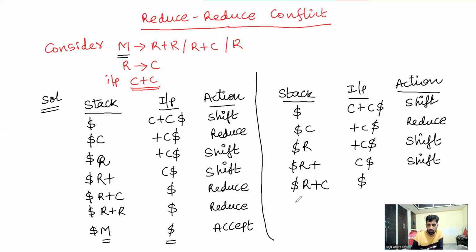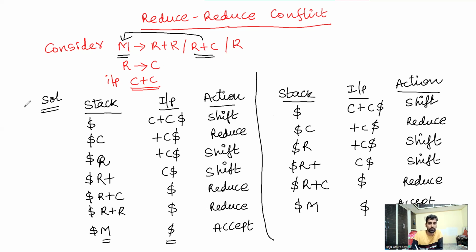Dollar. Okay. Final value is, R plus C is represented by M. Is represented by M dollar. So now this is called accept. This is called reduce, because R plus C is reduced to M.